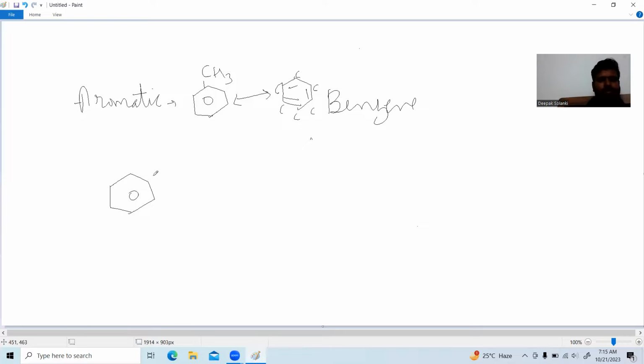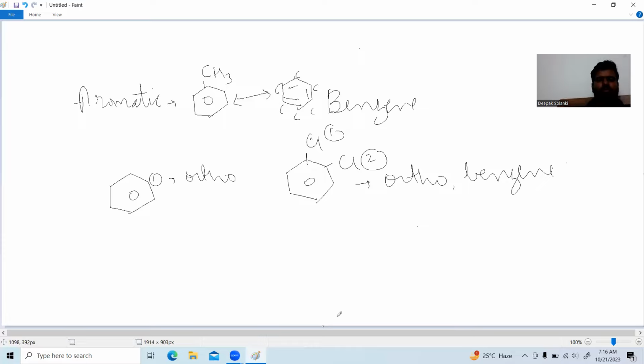If the chlorine group is here, then it will be the ortho position, ortho chlorobenzene. This is position 1 and this is position 2. This is ortho. Second one we can write 1 and 3.